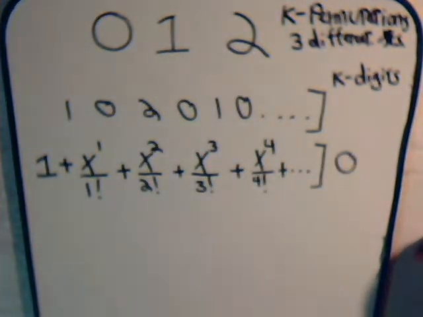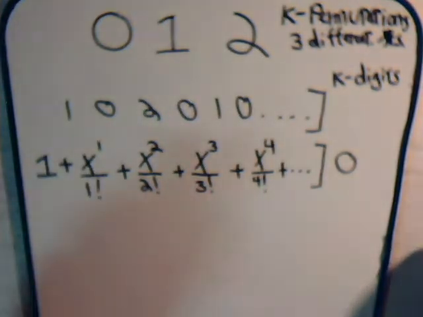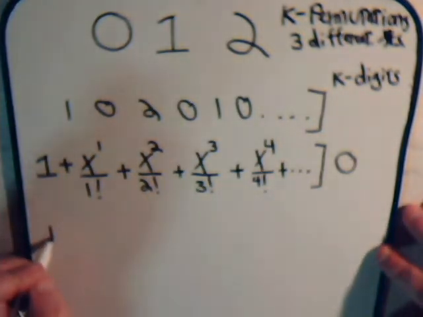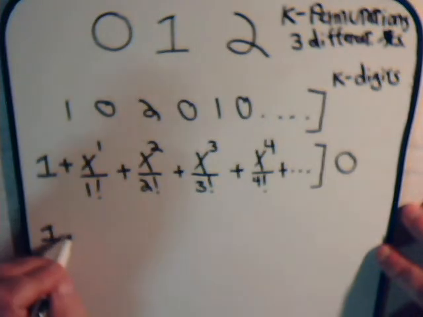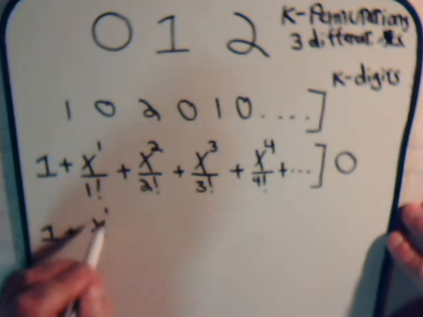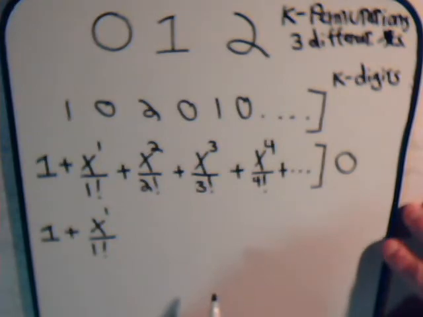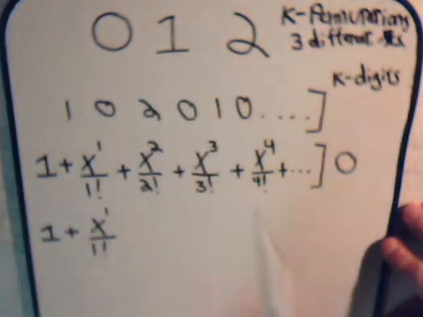So this would be the generating function for 0. Now, for 1 and 2, if either of these numbers are going to be used in one of these k-digit numbers, they have to be used an even number of times. So we may not use them at all, which would be x to the 0, or that would be 1, plus, now here we would not have x to the first over 1 factorial, because that means that we would be using the numeral 1 one time.